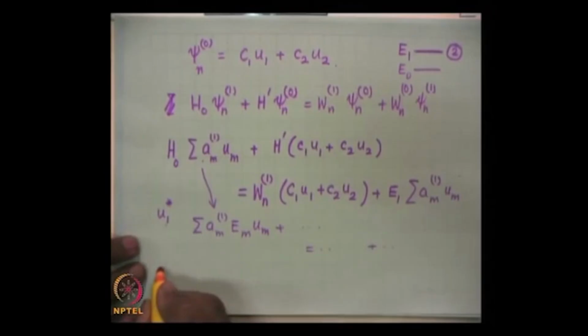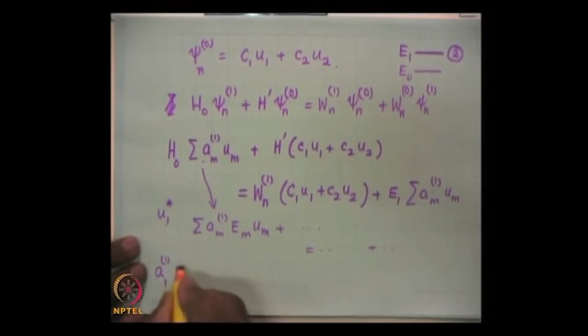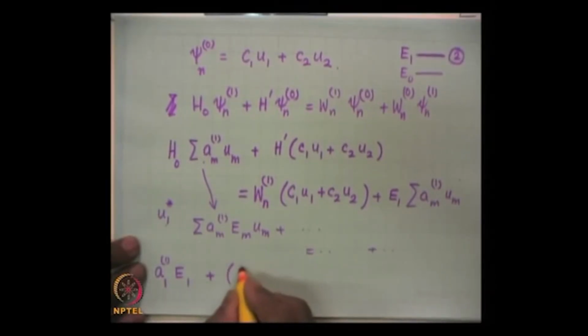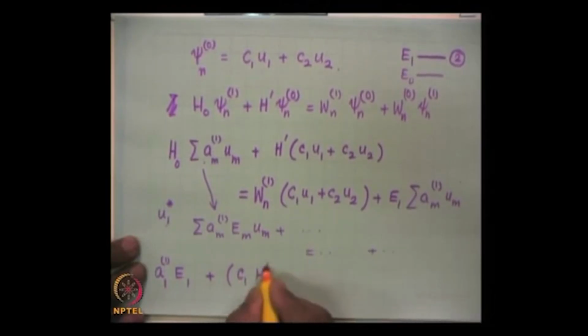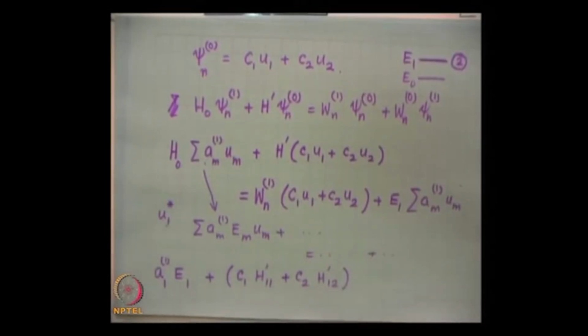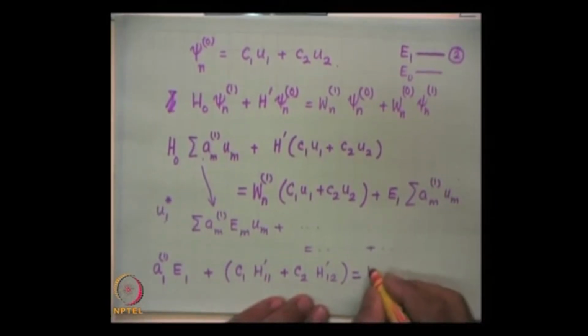So, I get A11 E1, because only the first term will survive, plus, within brackets, C1 H prime 11 plus C2 H prime 12, is equal to W n1.